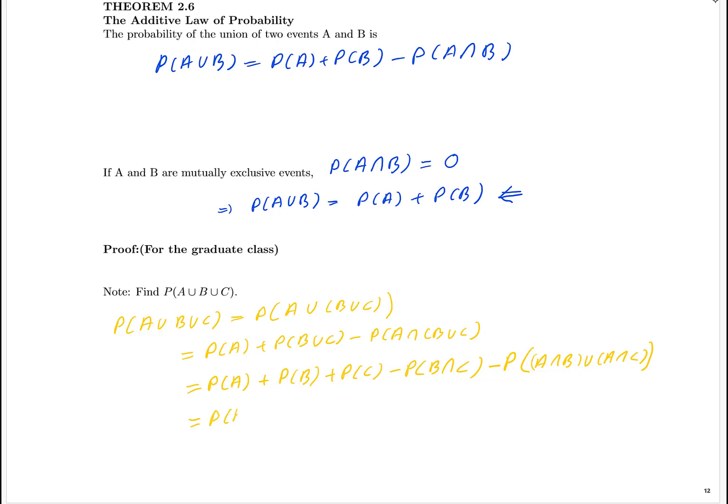Let me show you: probability of A plus probability of B plus probability of C minus probability of B intersection C minus, yes, let me apply the additive law. Probability of A intersection B plus probability of A intersection C minus probability of A intersection B, then intersection again A intersection C.